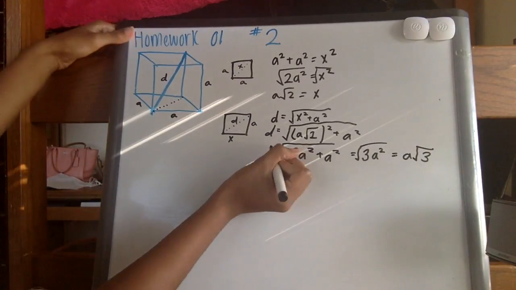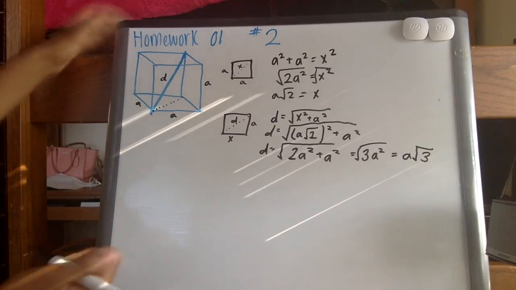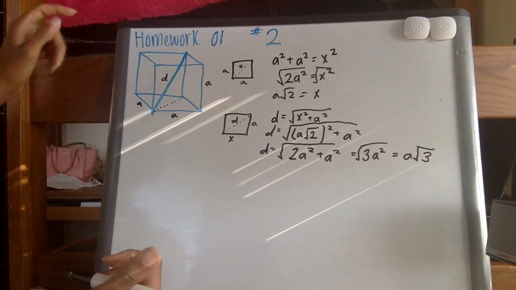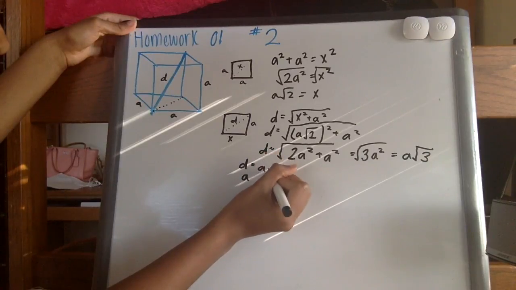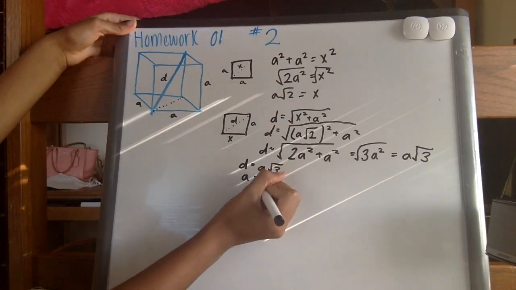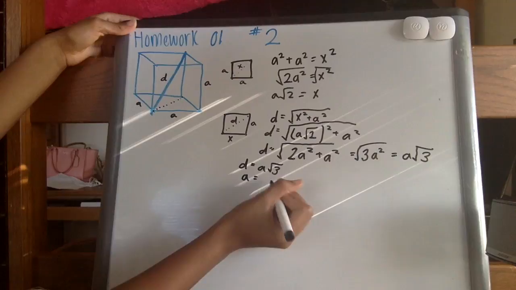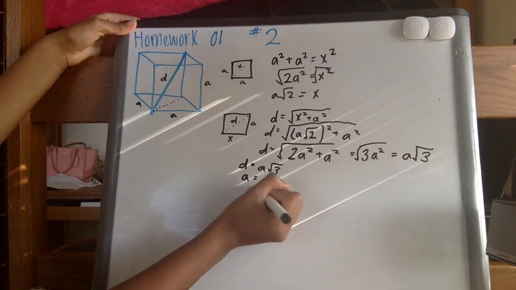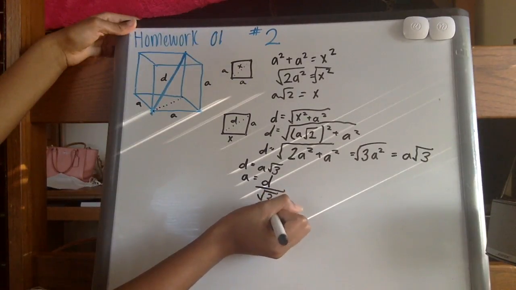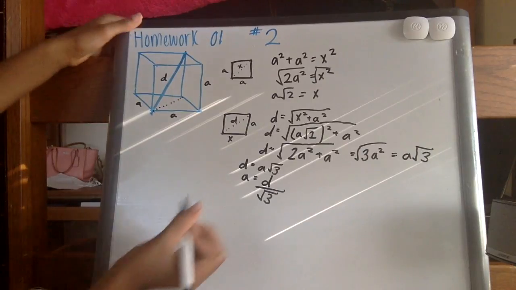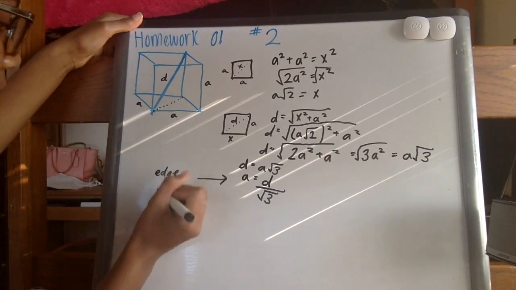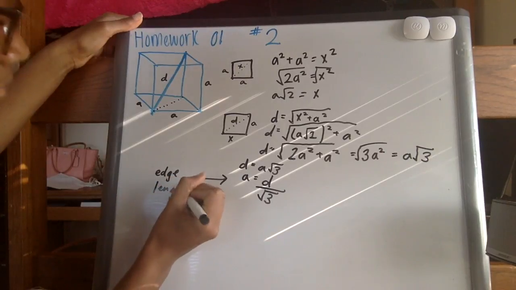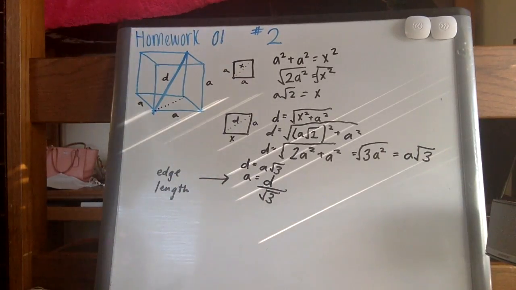Because we're trying to find our edge length, which is a, and we know that d equals a root 3, to find a we divide by root 3, and we get d over the square root of 3, and that represents the edge length of our cube.